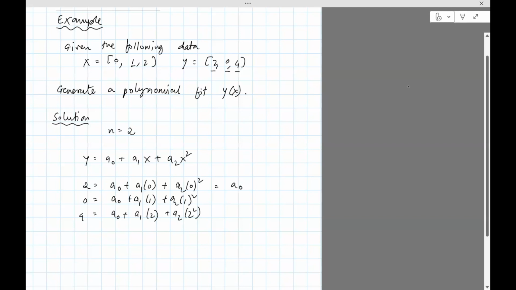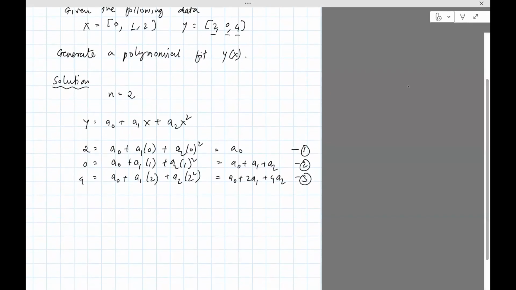Just going to go ahead and make the substitutions and see what I get. a0 plus a1 plus a2. This will be a0 plus twice a1 plus 4 times a2. Okay, let's just do it the way we wrote it down. That might be easier. So we can write this as 2, 0, 4 equals the matrix times a0, a1, a2.